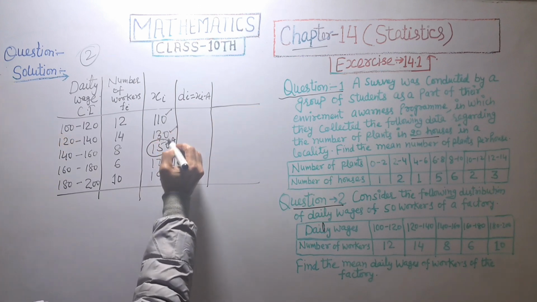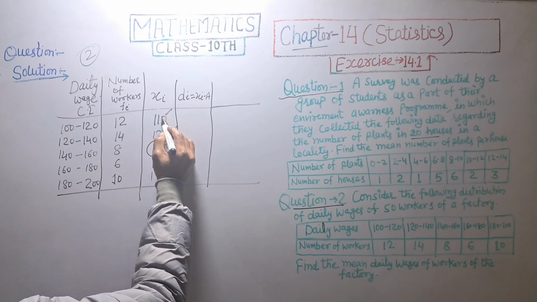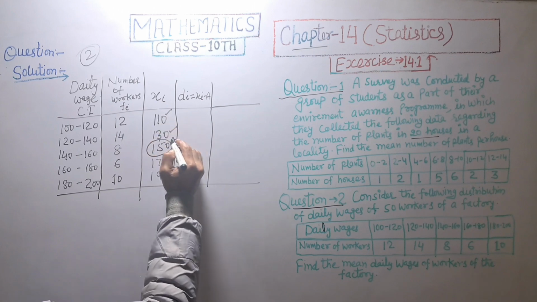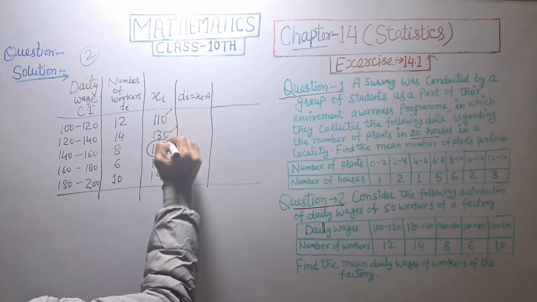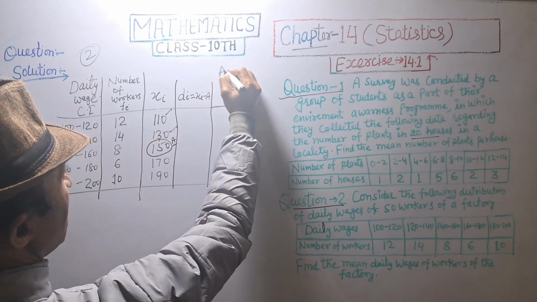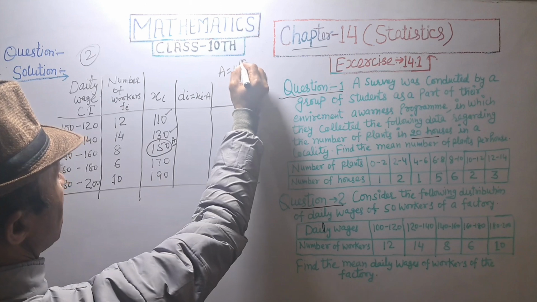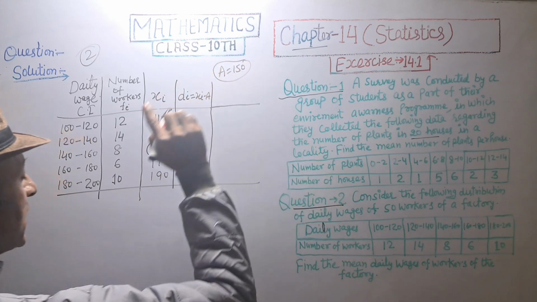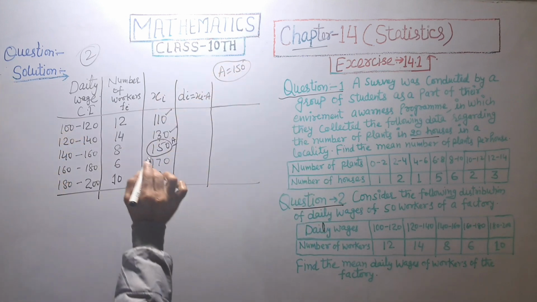Xi means 110 minus 150. Assume A is equal to 150, the assumed mean method.